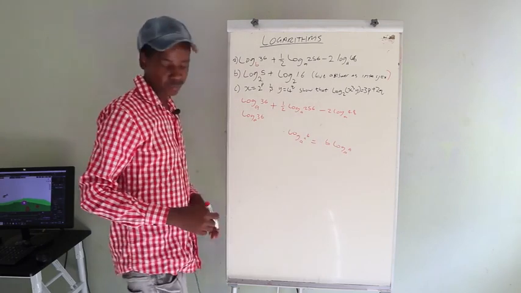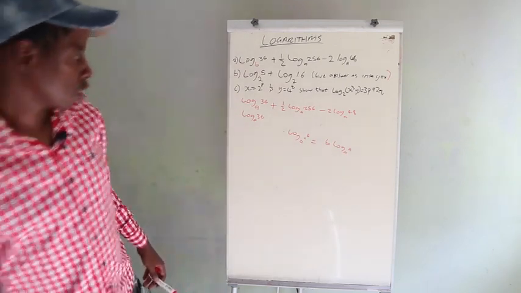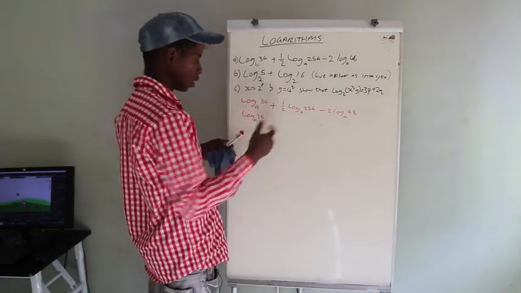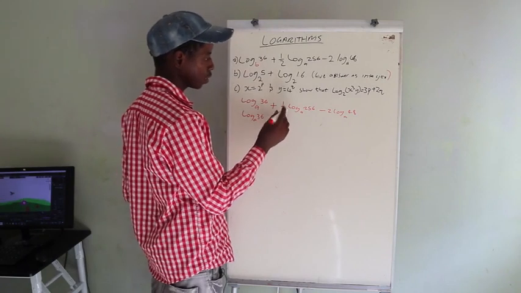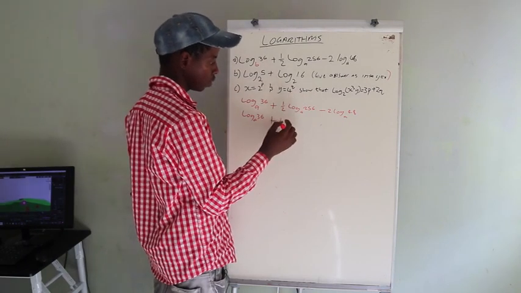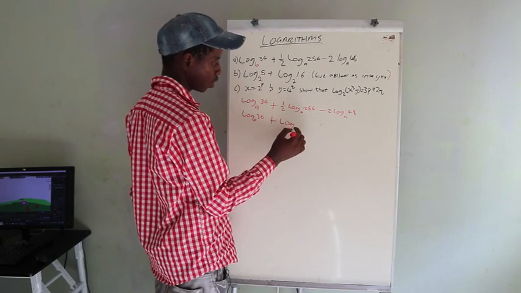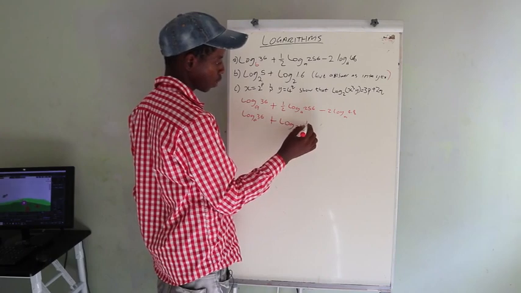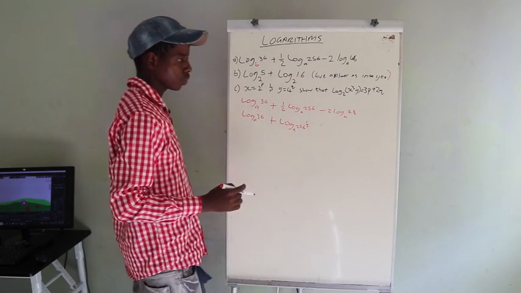So now let me rewrite this. We're going to say plus, since we take the half and place it on top of this, log_a 256 to the power half, right?